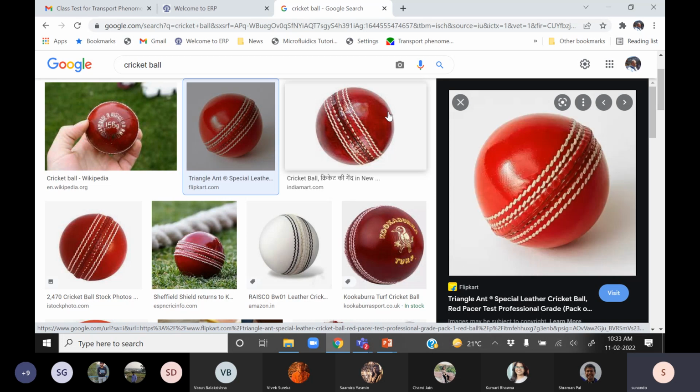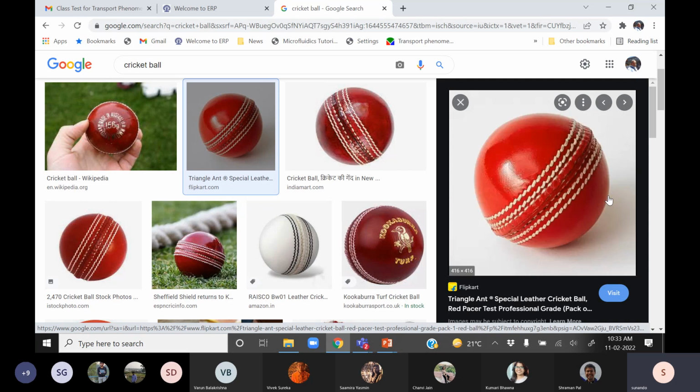If it does not encounter the seam, the flow is probably going to remain laminar. But if it encounters the seam, then it is going to be turbulent from the very beginning. So this seam can act as a turbulence promoter, creating turbulent flow everywhere on this side and keeping the flow laminar on this side.